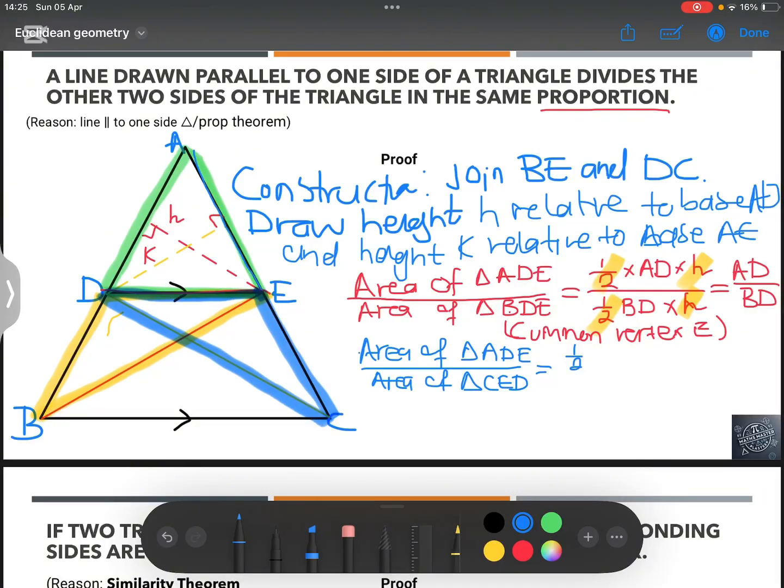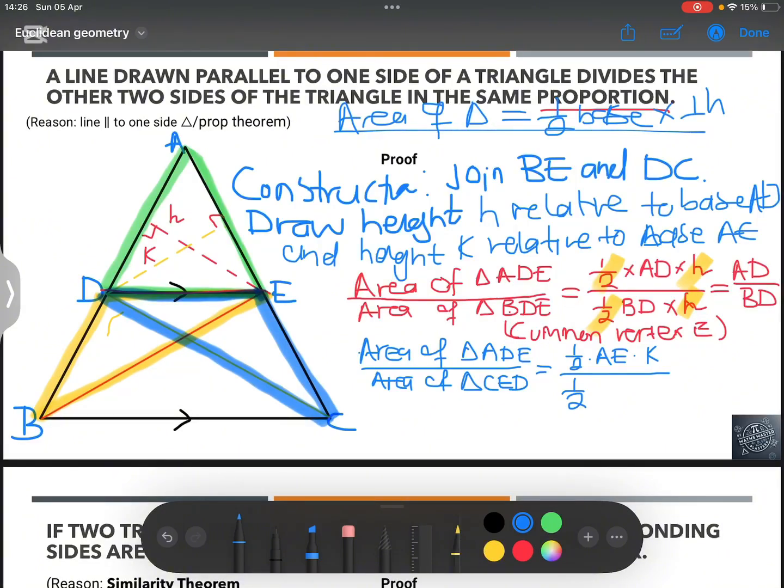We have this triangle over here with our base AE, and the perpendicular height, which is K. So we have half base AE multiplied by K, all divided by half EC multiplied by K. You know the formula to calculate the area of a triangle: half base multiplied by perpendicular height.